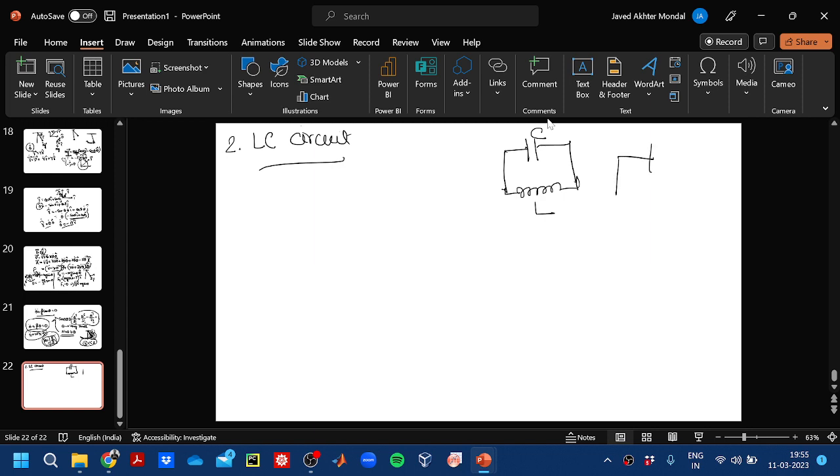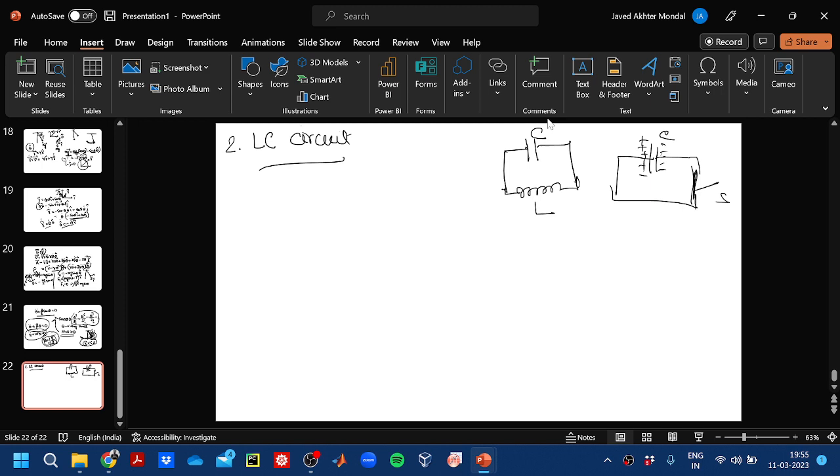If there is no inductance, only one capacitor, and we charge the capacitor, suppose here is a switch. So this is the switch. Suppose we charge the capacitor and we close the switch.